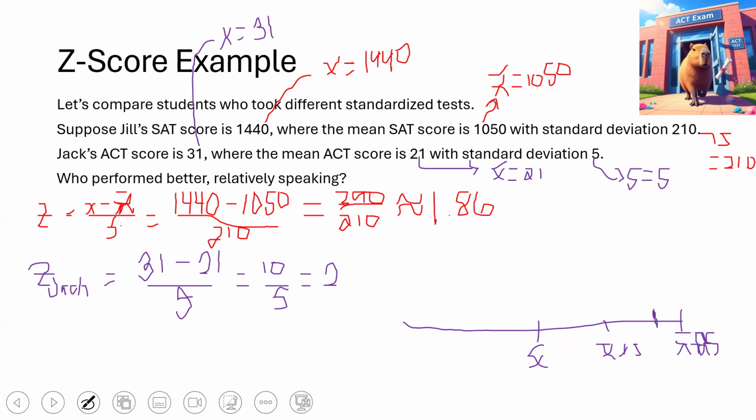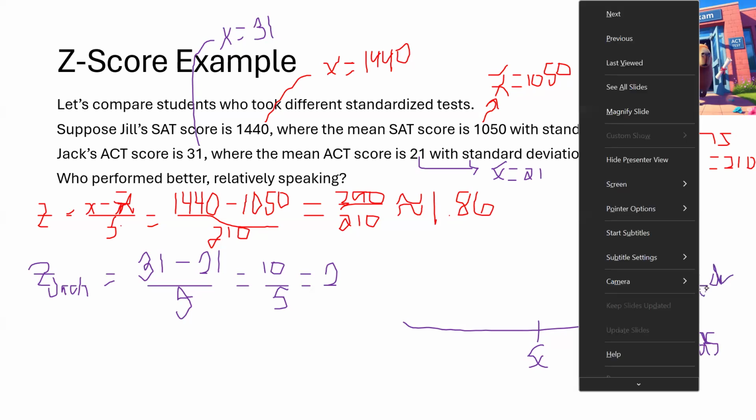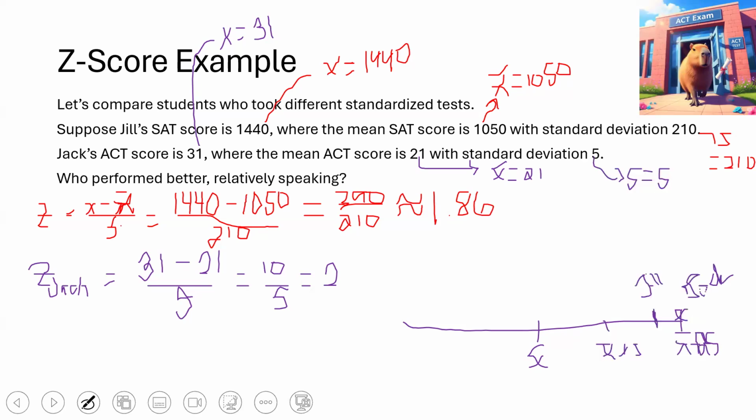She's more than 1 standard deviation up, but Jack is right here. He is further from the mean. He's a full 2 standard deviations up from the mean. He performed better relative to his peers, even though his score, 31, is way lower than her score, 1440. Relative to the other people on the test, he scored significantly better.